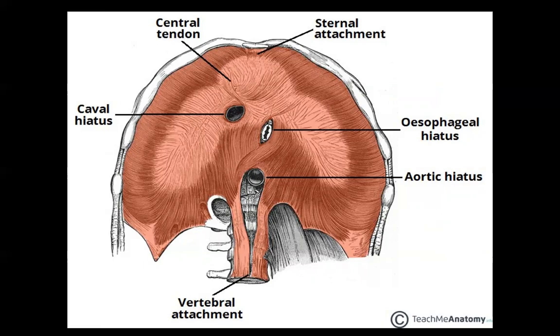So the vena caval hiatus, or foramen, through which the vena cava passes, and the esophageal hiatus, through which the esophagus passes on its way to the stomach, and the aortic hiatus, through which the aorta passes. And that allows for contraction of the diaphragm during breathing without constricting blood flow through those large arteries and veins.